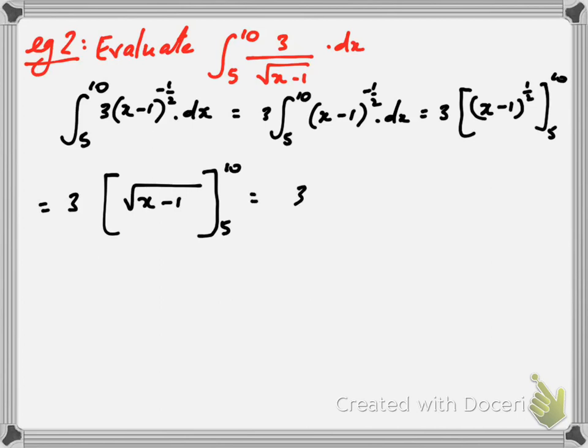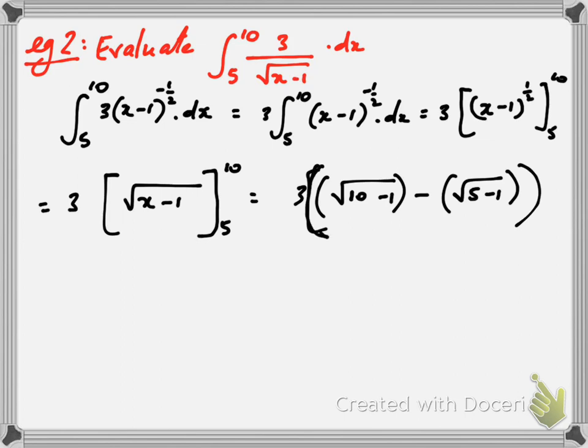So you've got 3 times the square root of 10 minus 1, minus the square root of 5 minus 1.